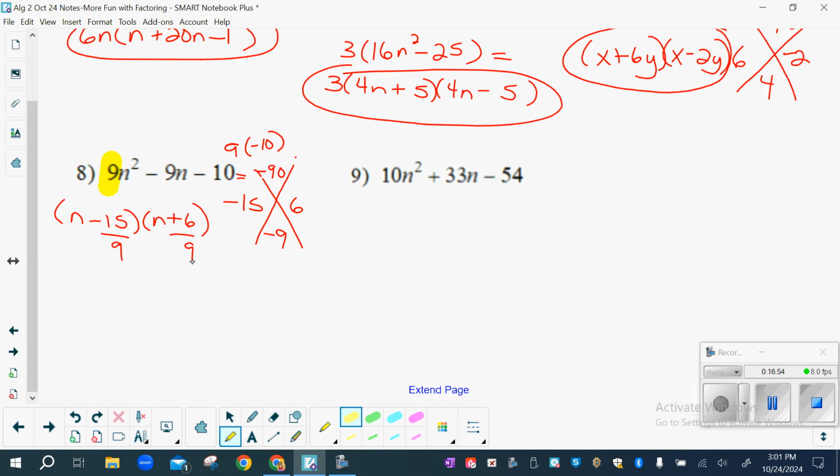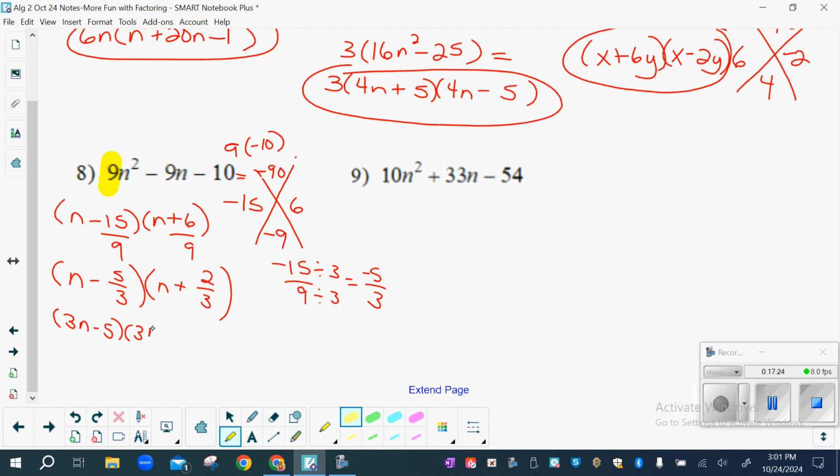So 15 over 9 simplifies to 5 over 3. 6 over 9 simplifies to 2 over 3. And you may need to do this on the side. So then now we're going to slide. So it's going to be 3n minus 5 and 3n plus 2.